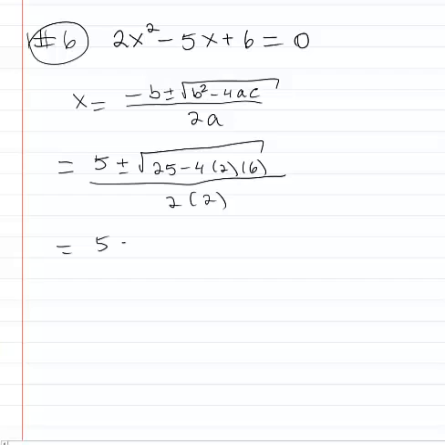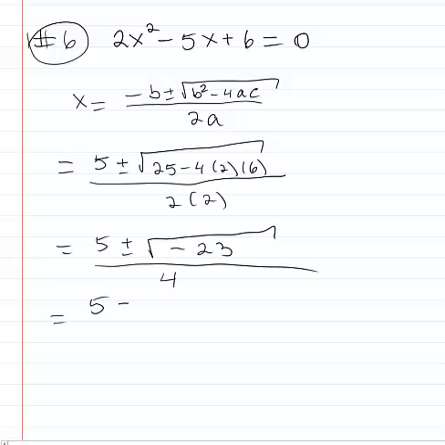I'll use my calculator here. 25 minus 4 times 2 times 6 gives me minus 23. The whole thing is divided by 4.